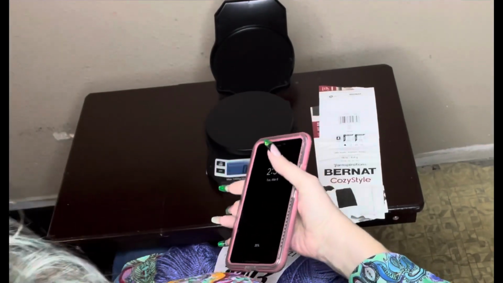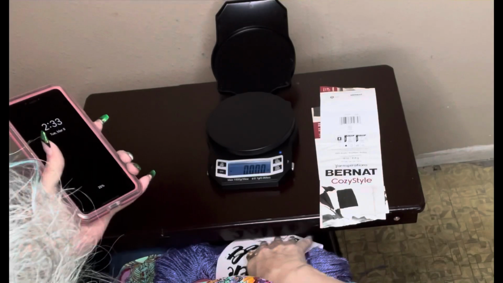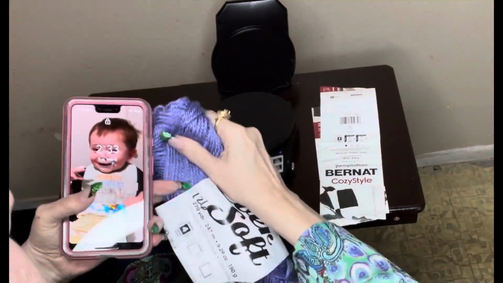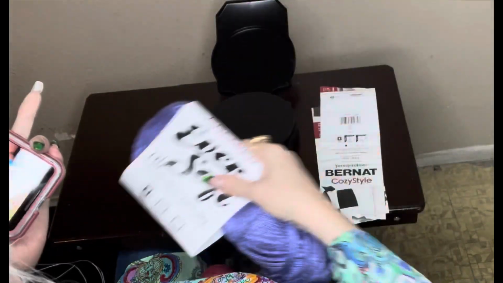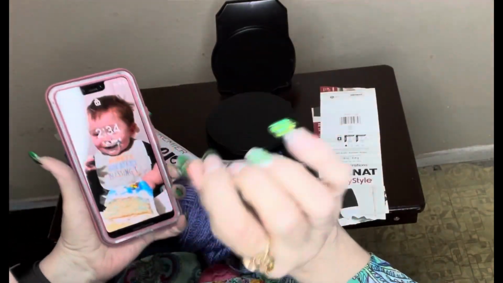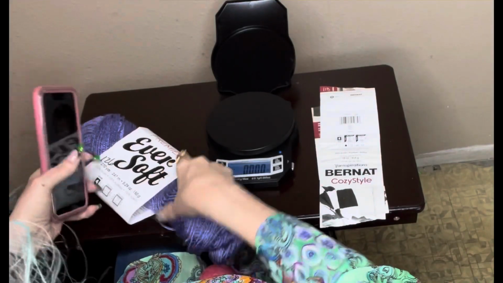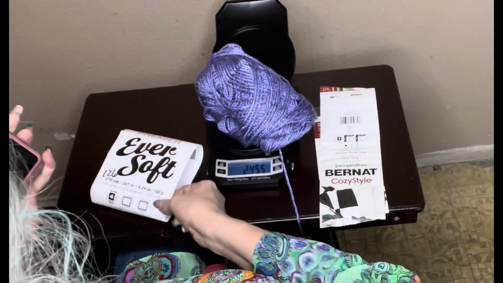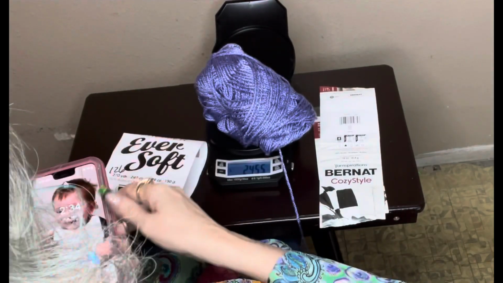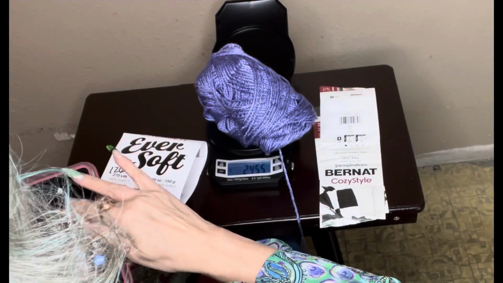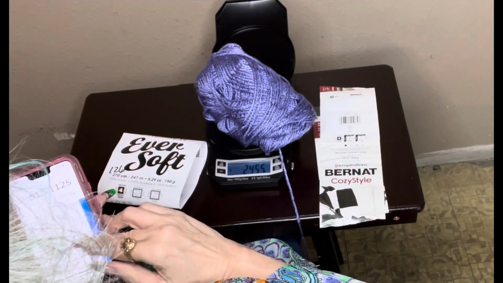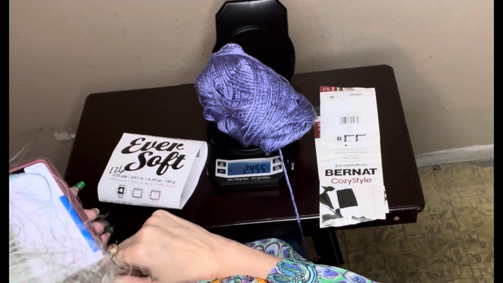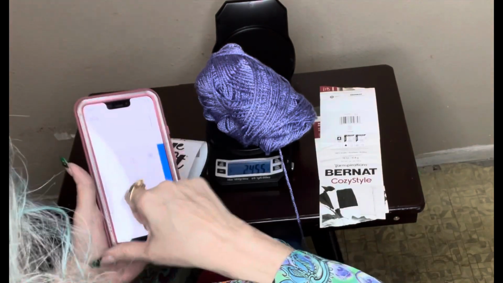Okay? Now, I would do the same thing with Eversoft. Now, if you remember, that was 63 yards, 63 yards per ounce. But if I weigh my Eversoft, now if I figure this out, it is 270 yards.